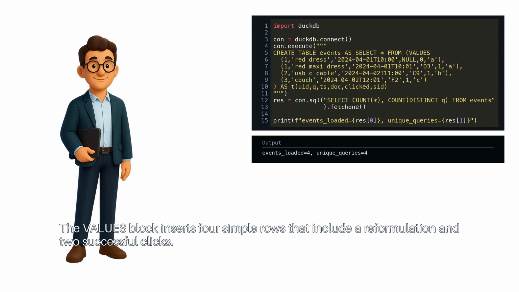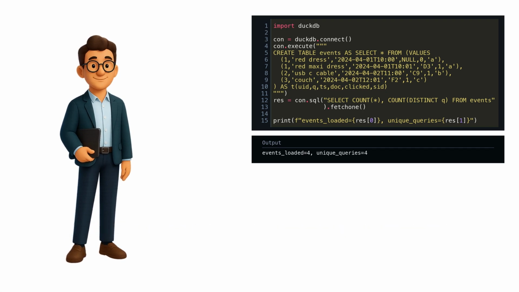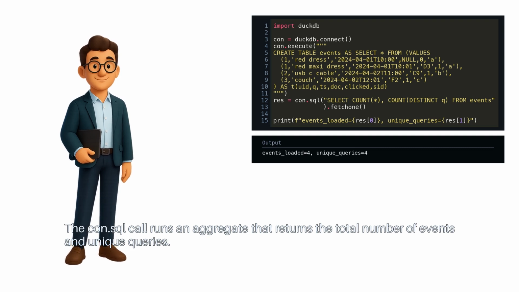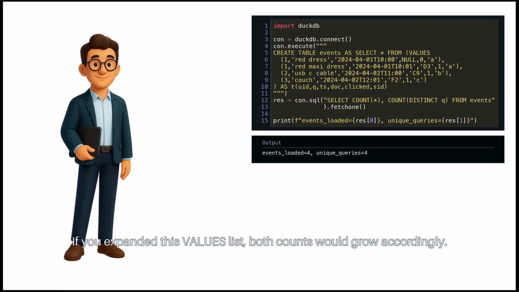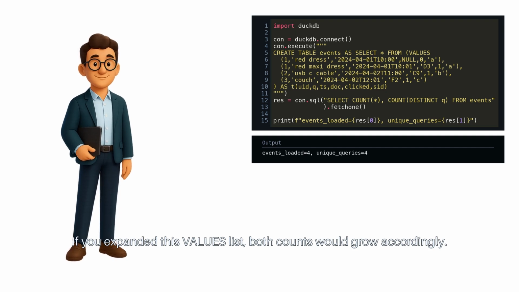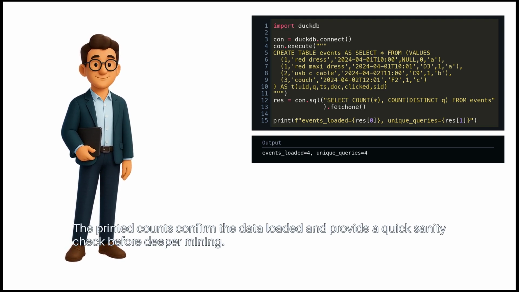The values block inserts 4 simple rows that include a reformulation and 2 successful clicks. The con.sql call runs an aggregate that returns the total number of events and unique queries. If you expanded this values list, both counts would grow accordingly. The printed counts confirm the data loaded and provide a quick sanity check before deeper mining.